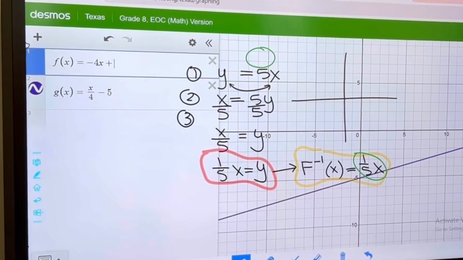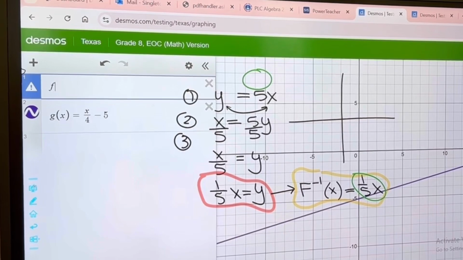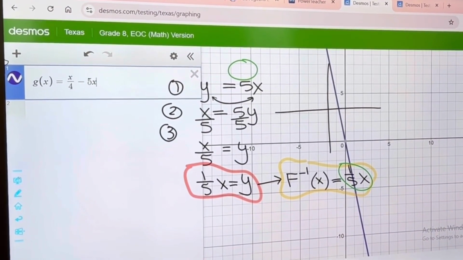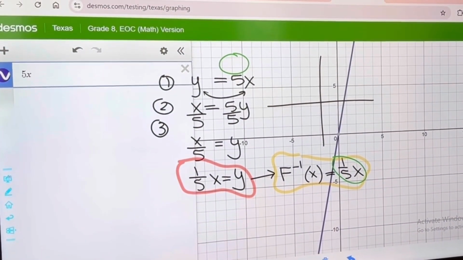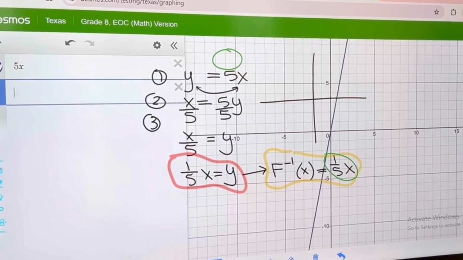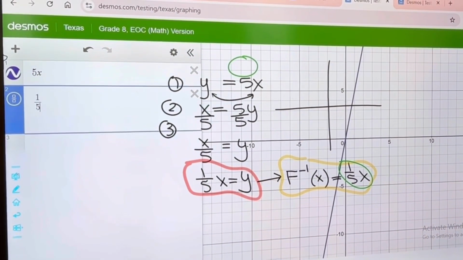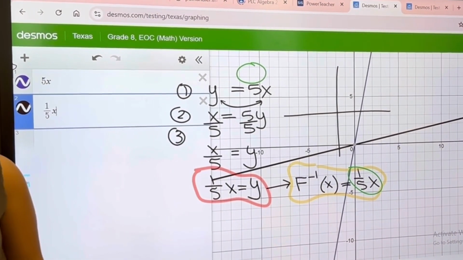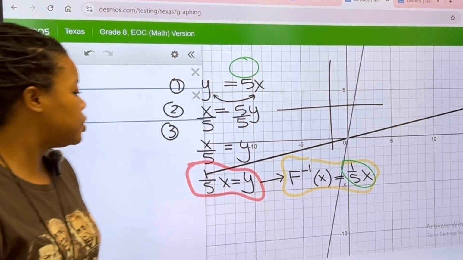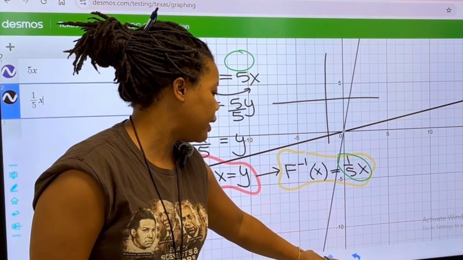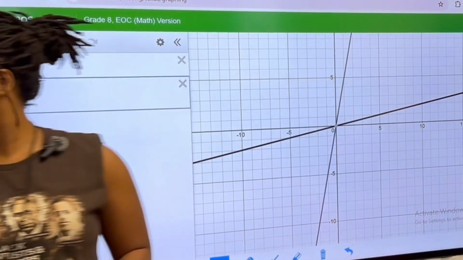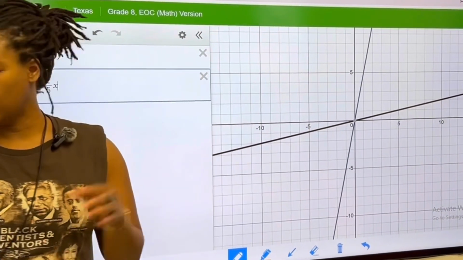So here is the first function, 5x. And what is the function we created? 1/5x, right? Okay, how do you know that those two are inverted? How do we know? Pick a point.